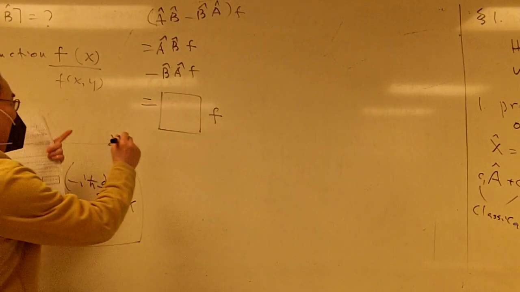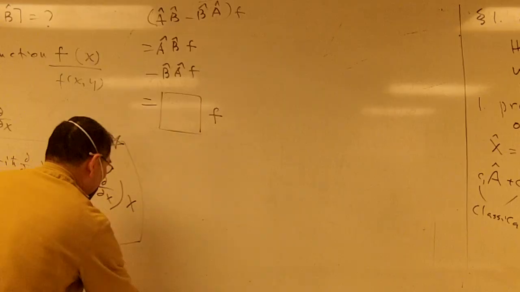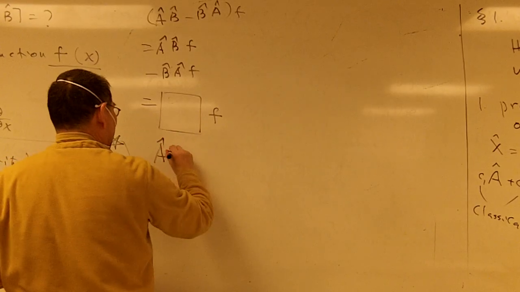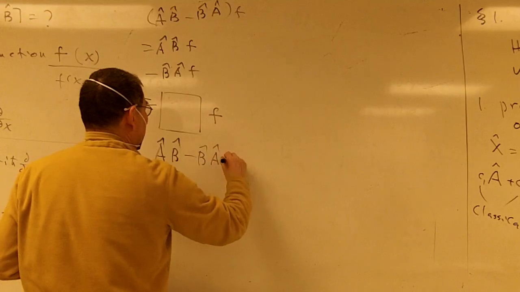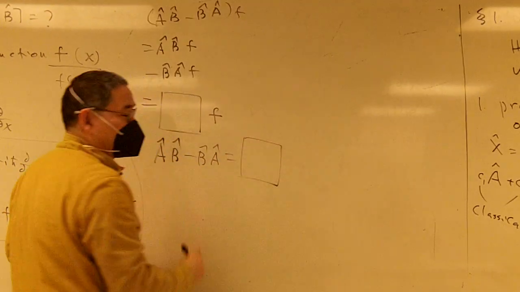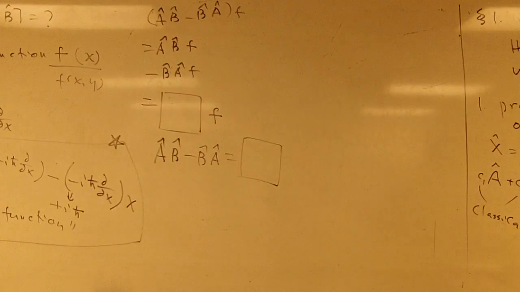Then the commutator, A hat, B hat minus B hat, A hat, equals this box. That's the key idea you're going to see me write, and it will essentially be used in our entire derivation.